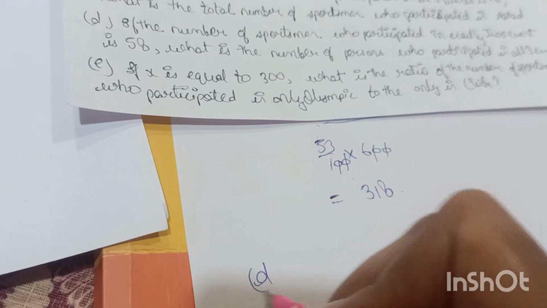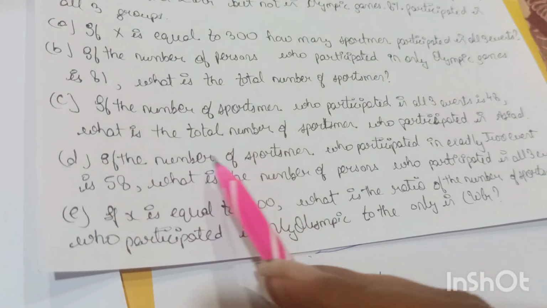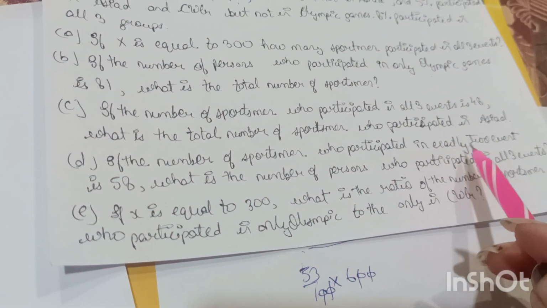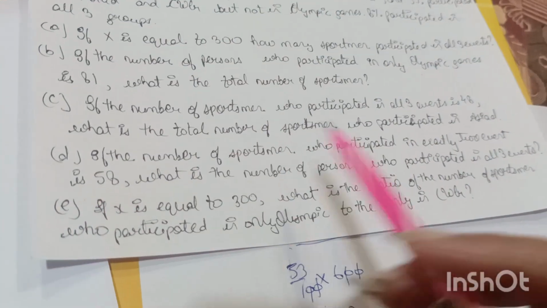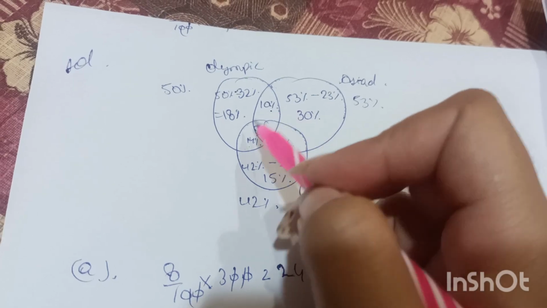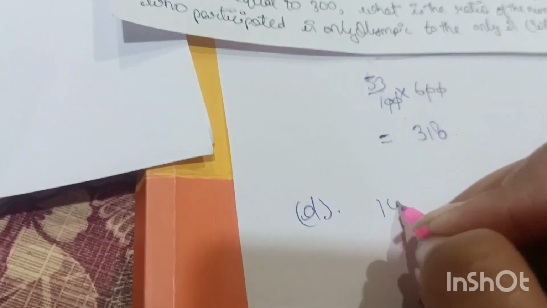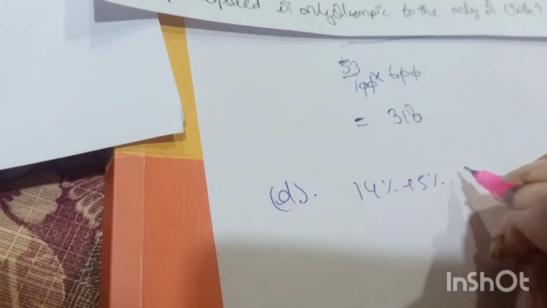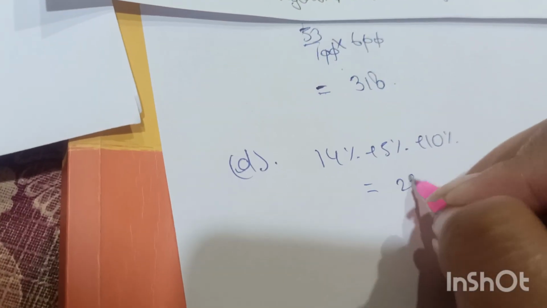Now for solving option D, if the number of sportsmen who participated in exactly two events is 58, we have to find who participated in all three. Exactly two is 10%, 14% and 5%, so you get 29%.